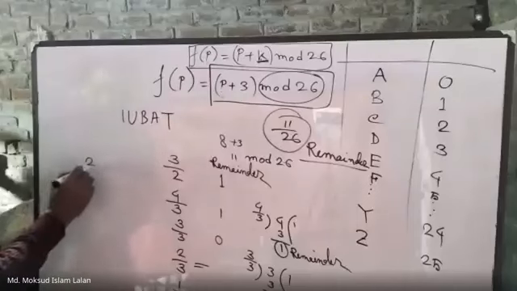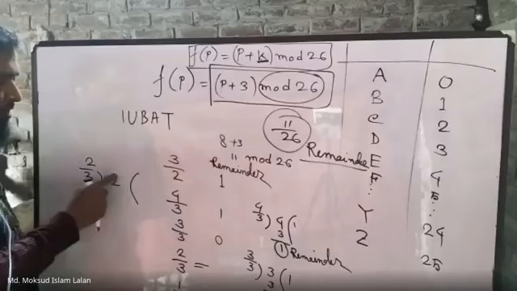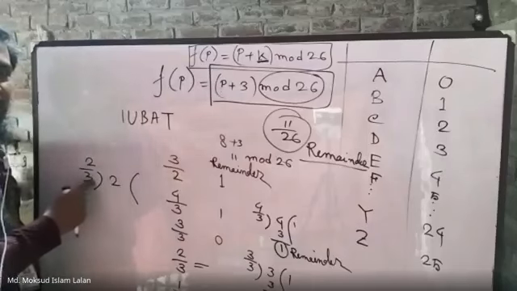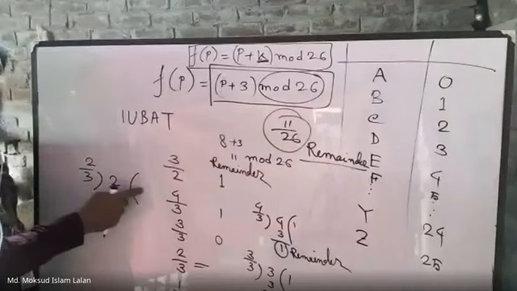Now coming here, 2 divide 3. What will be the quotient? Because this upper part is lower than this part, we cannot divide. There will be no quotient, right?